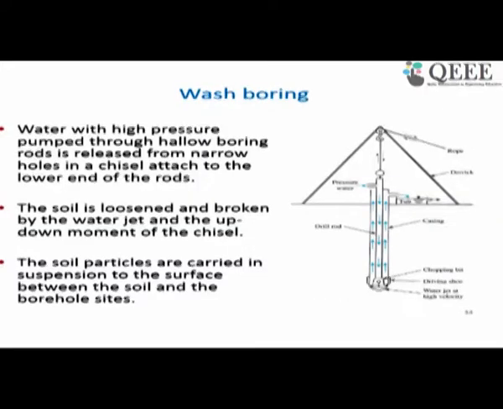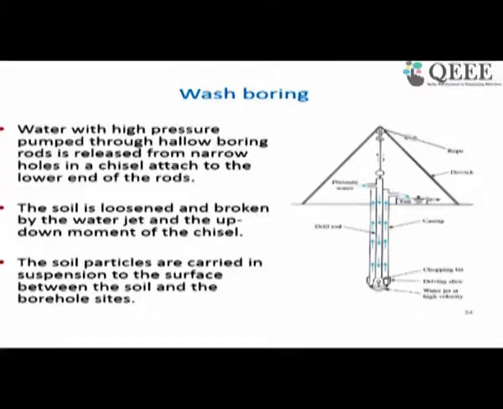Next is wash boring. As the name implies, here you try to wash the soil using water and do the boring. In this particular boring method, water with high pressure is pumped through hollow boring rods.